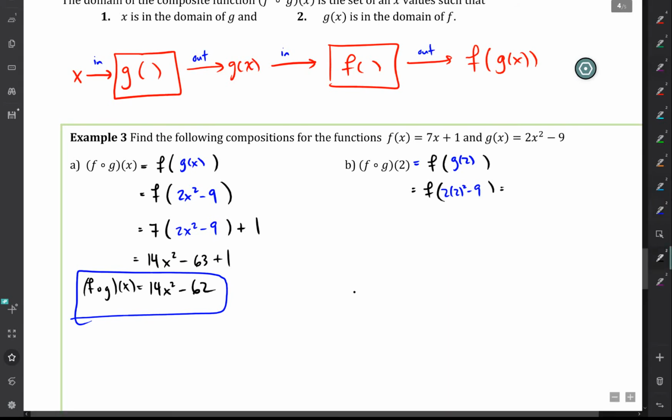So this is really f of negative 1. And then again, f is 7 times x plus 1, and here g of 2 is negative 1. So 7 times negative 1 is negative 7, plus 1, which gives me negative 6. So f of g of 2 equals negative 6.